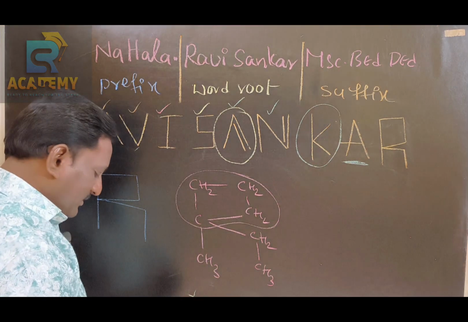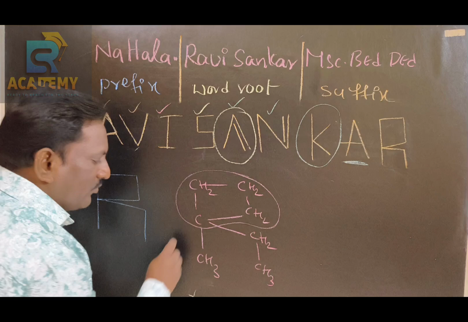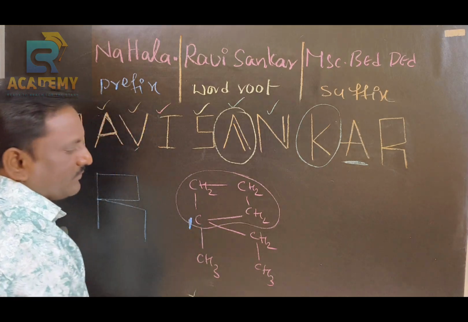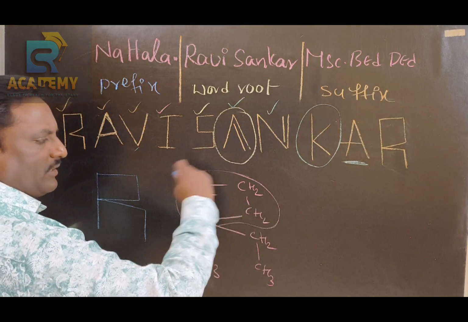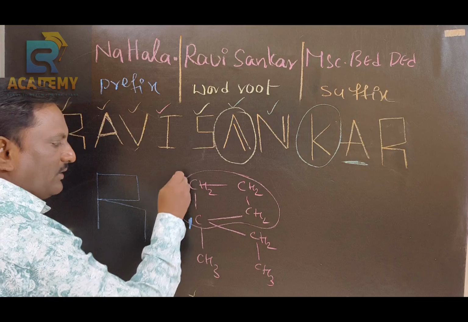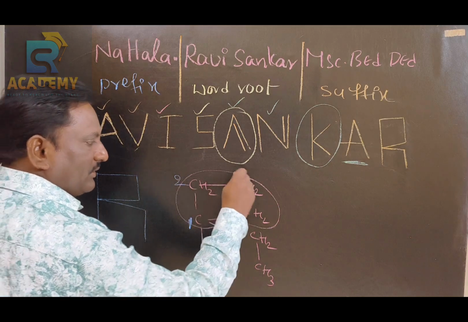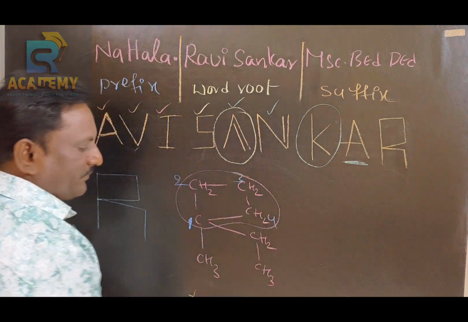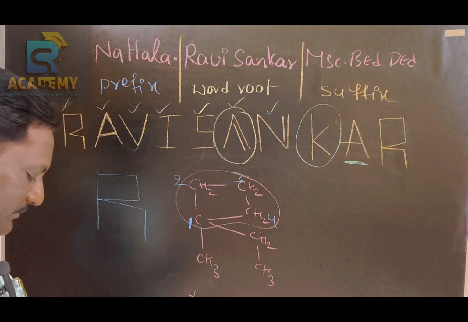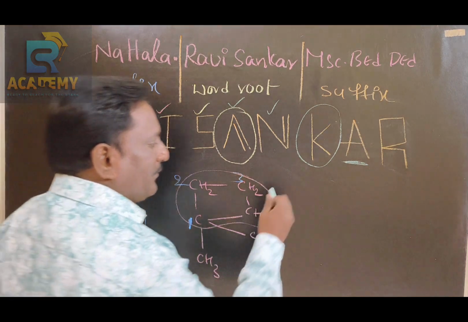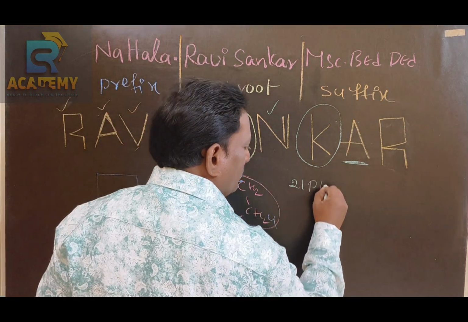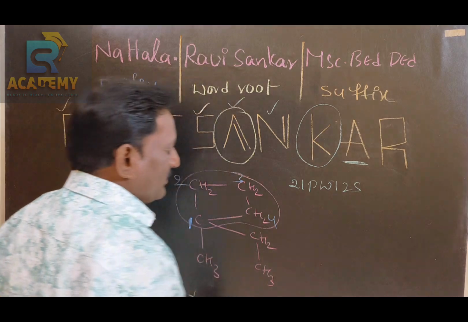Numbering must be done from either side. 1 from this side. 1, 2, 3, 4. Okay, right. 21PW12S.